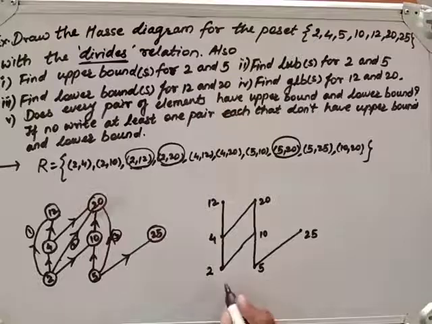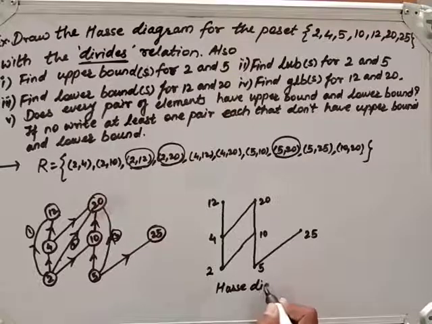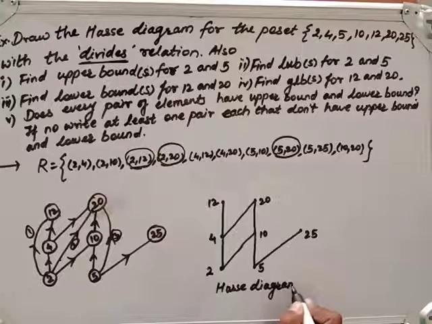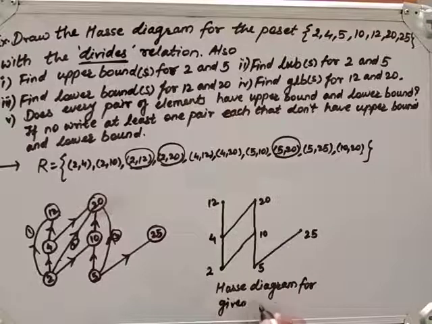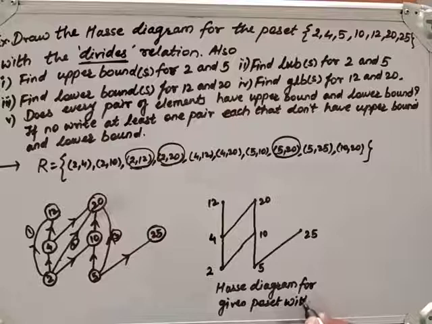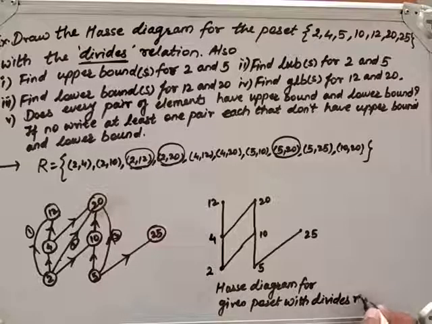So this is our Hasse diagram. This is the Hasse diagram for the given poset with divides relation.